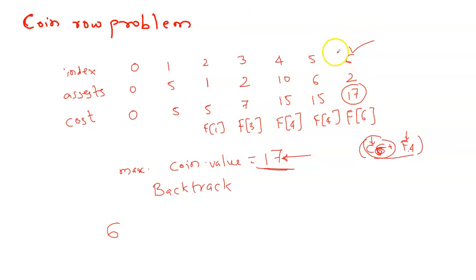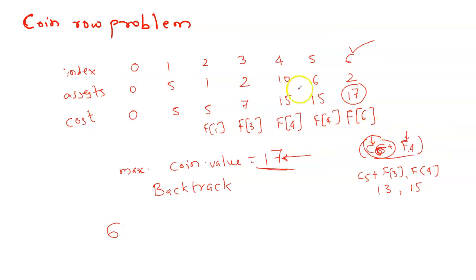Next, we have to go to the fifth coin. What's the value of the fifth coin? It is 15. How did we get 15 here? If you go to the recurrence relation for this fifth coin, it is C5 plus F3, comma F4. If you go to that relation, C5 plus F3 was 13 and F4 was 15.